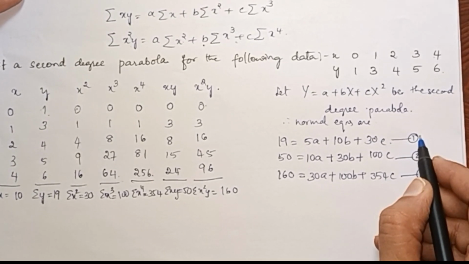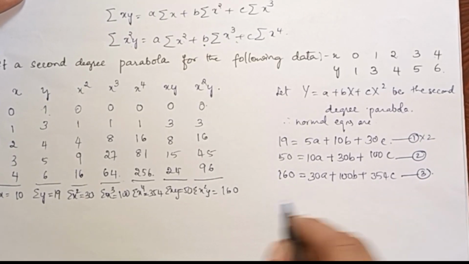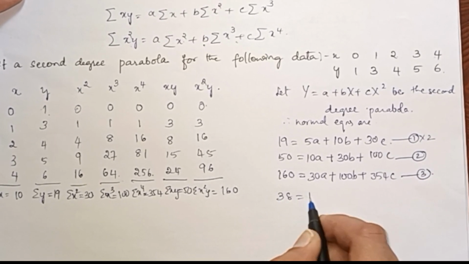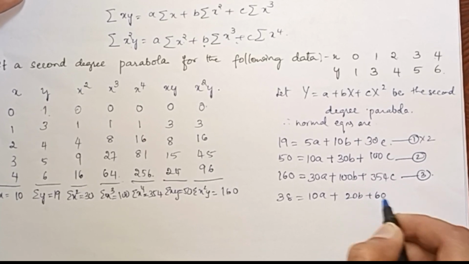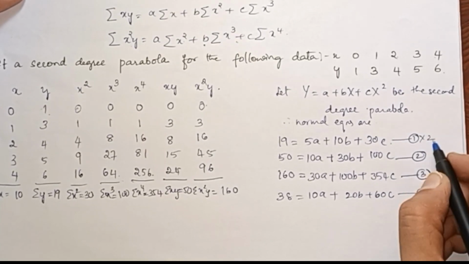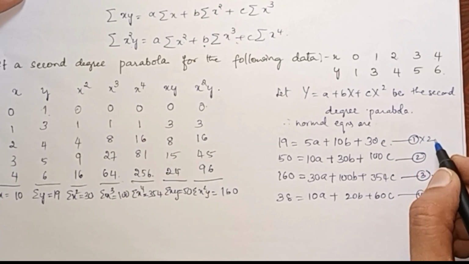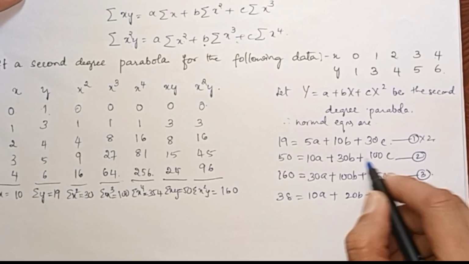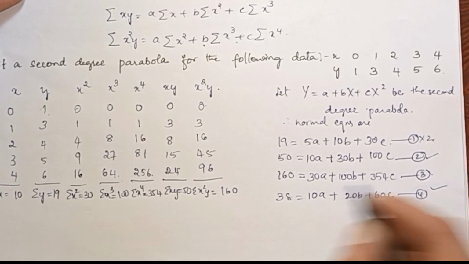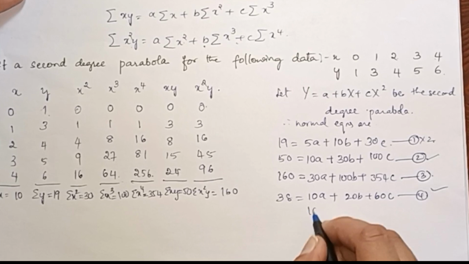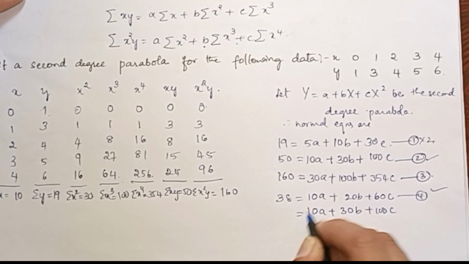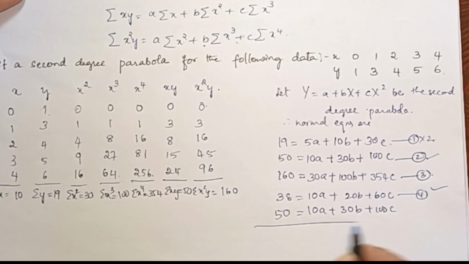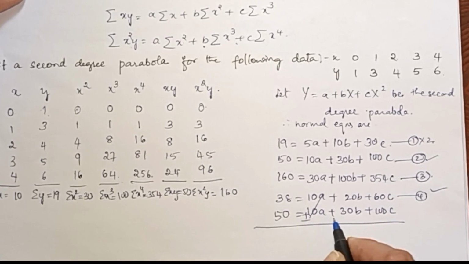Now I'll multiply the first equation by 2. Then I'll get 38 equal to 10a plus 20b plus 60c. This is the fourth equation. Now you have to simplify the fourth and second equation, because 10a you can cancel out. 10a plus 30b plus 100c is equal to 50. Now subtract these two equations.